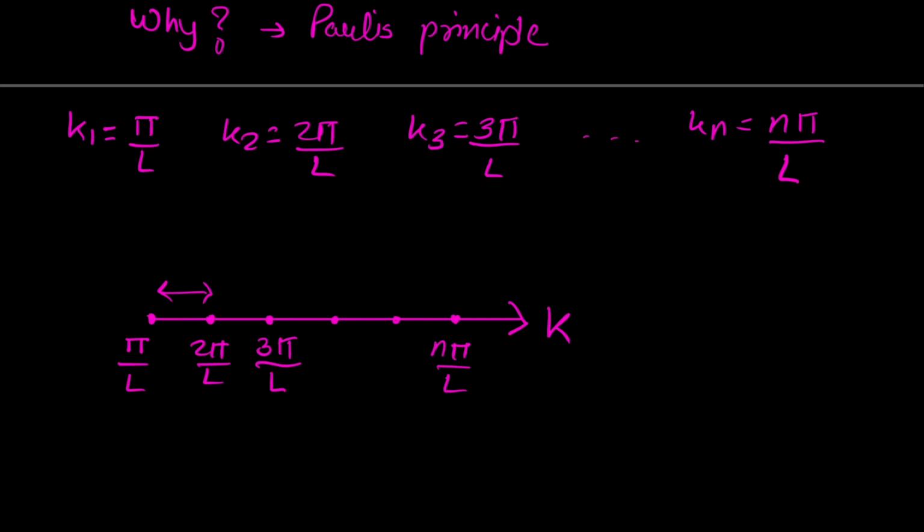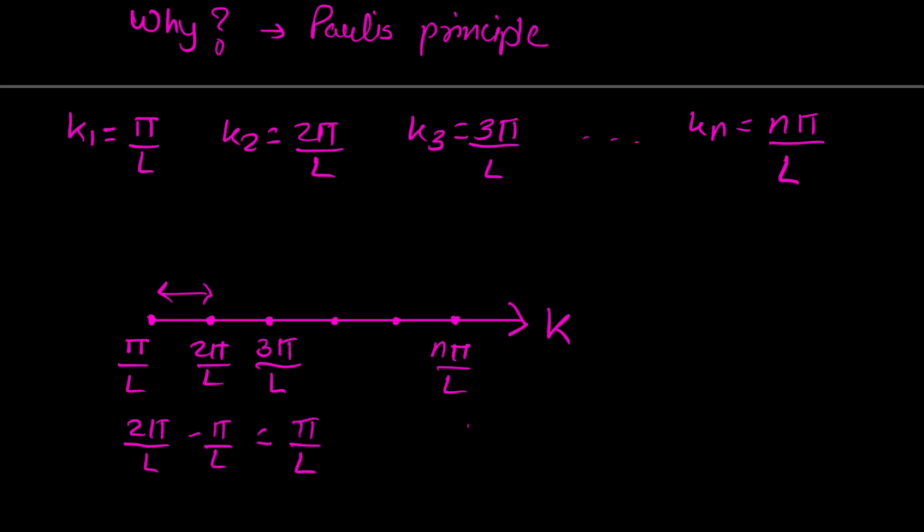The distance between the first two states will be 2 pi by L minus pi by L, which is pi by L. And the distance between any nth state and its consecutive state will be n pi by L minus (n minus 1) pi by L, which is again pi by L.